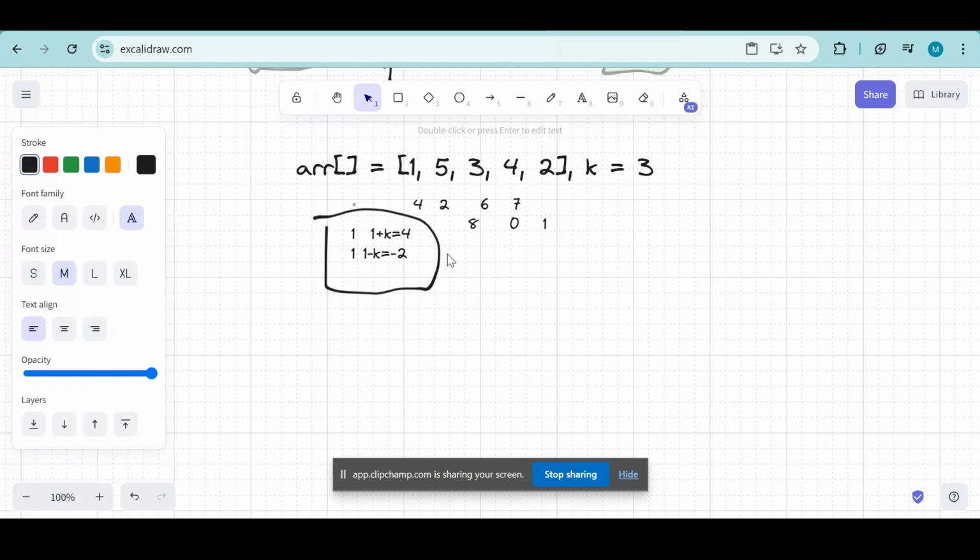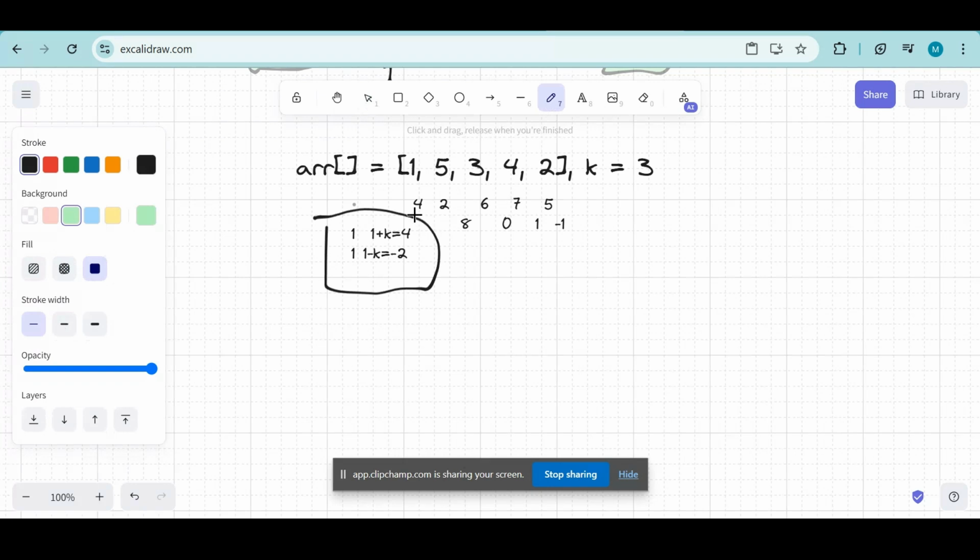For 2, the k distance numbers are 5, and 2 minus 3 is minus 1. So from here we can see that 4 is present, so we count it once. 2 is present, we count it once. For 3, there is no number present. For 4, 1 is also present. For 2, 5 is also present.